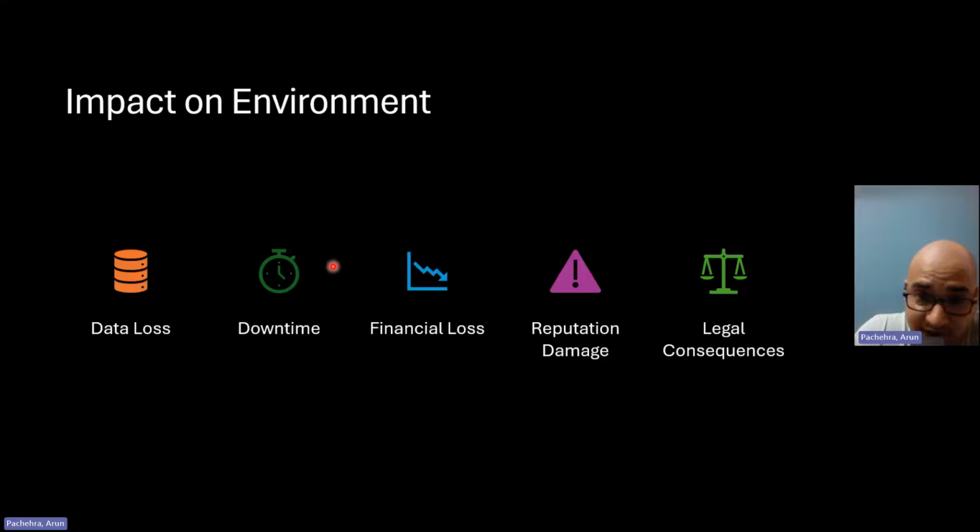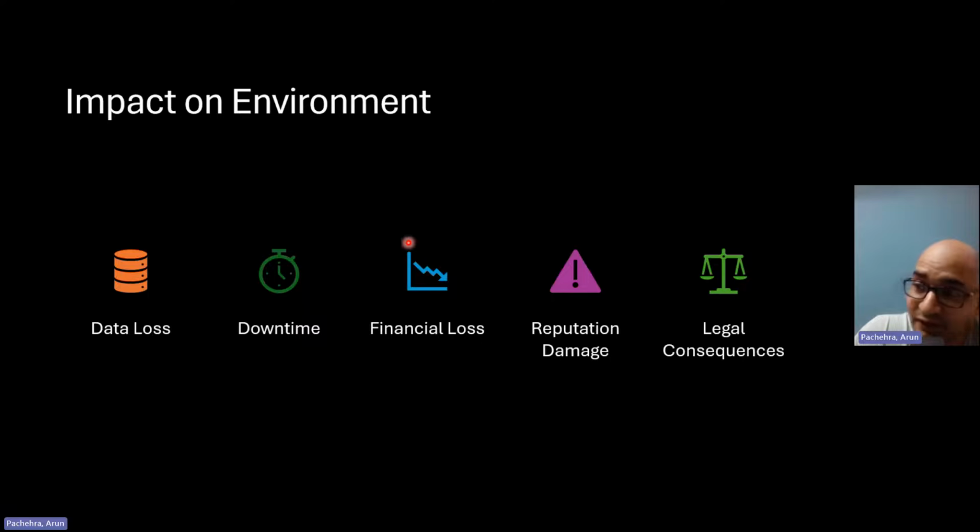And organizations face substantial costs, either by paying the ransom or through the data recovery efforts they need to go through. And there is downtime going on, so they're losing money because they're not earning anything, and they're losing money because they are either paying or decoding the data.